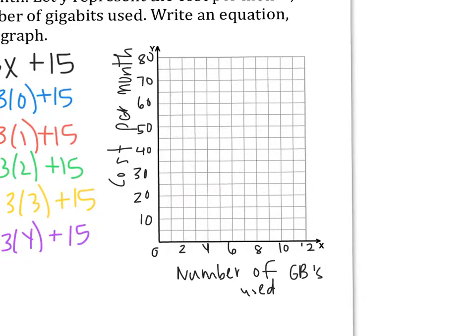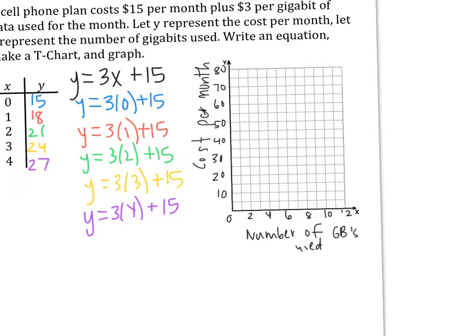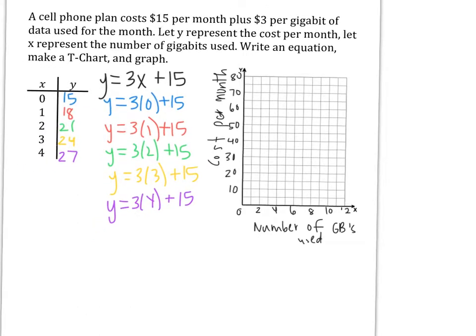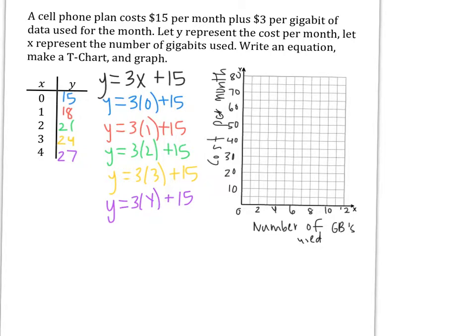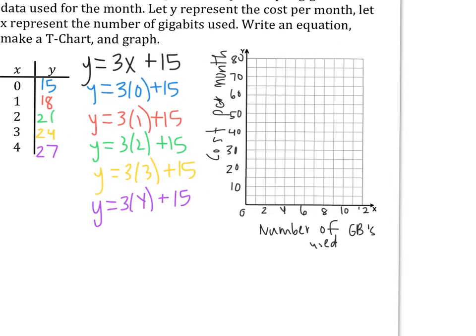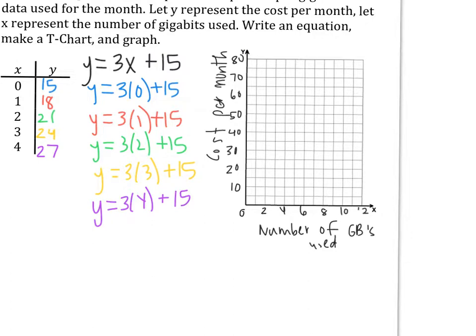And then I'm going to look at my ordered pairs, and I'll graph my ordered pairs. So 0, 15. Okay, 0, 15 would be right here. Then I need to graph 1, 18. So a little bit above it.